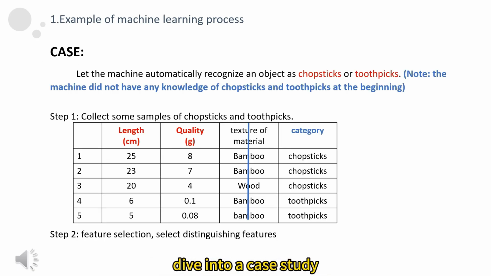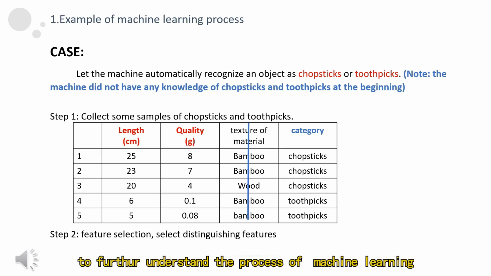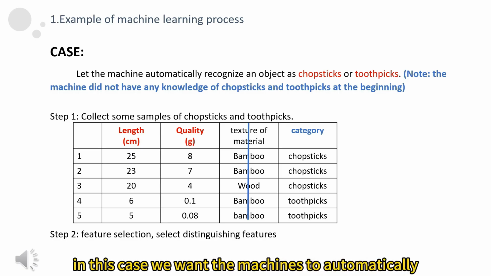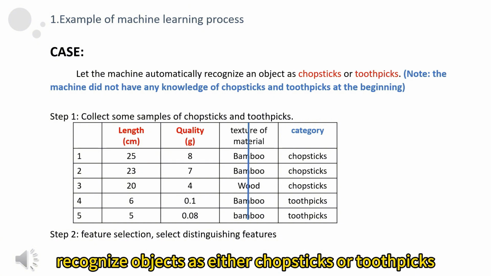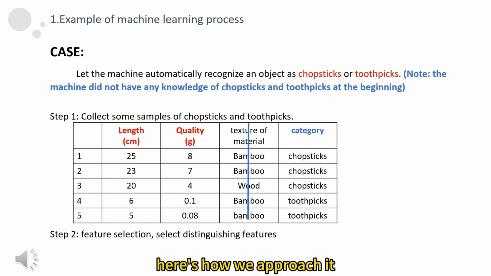Let's dive into a case study to further understand the process of machine learning. In this case, we want the machine to automatically recognize objects as either chopsticks or toothpicks. Here's how we approach it.